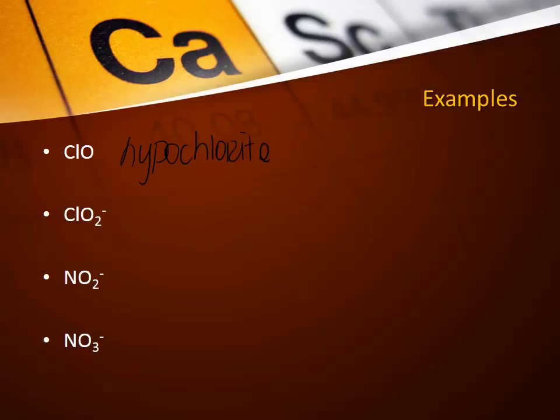Which says that this should have less oxygen than chlorite. Well, ClO2 is actually called chlorite, and you'll notice that hypochlorite does have less than chlorite. Down here we have nitrite, which says should have less than nitrate. Well, this is nitrate, and you'll notice 2 is less than 3.